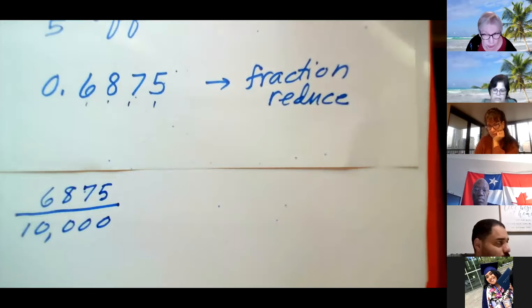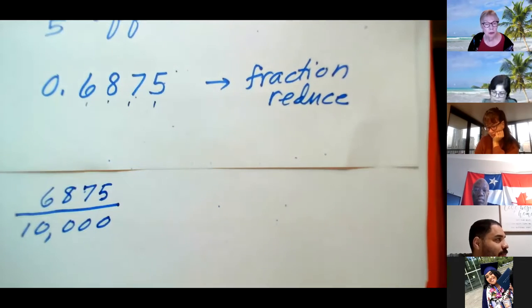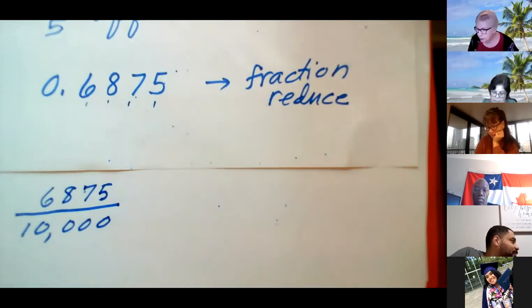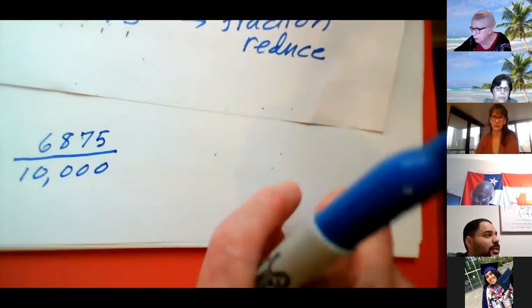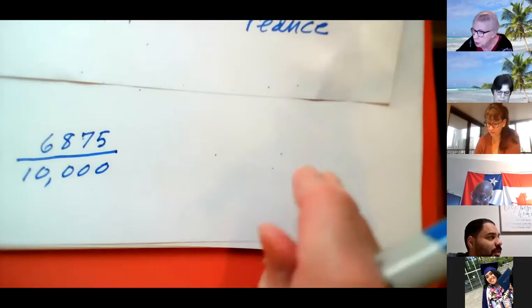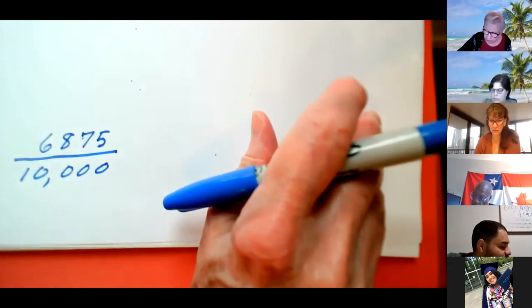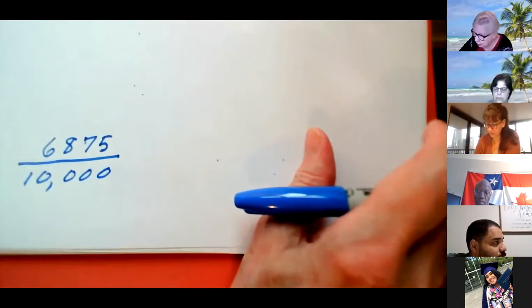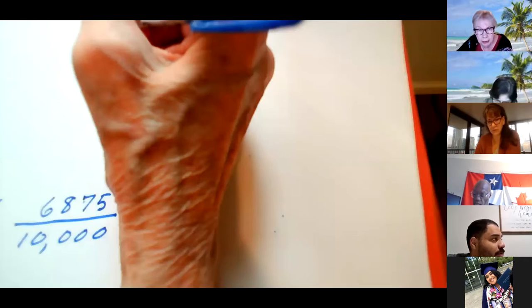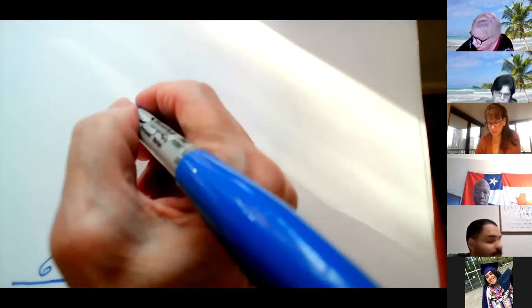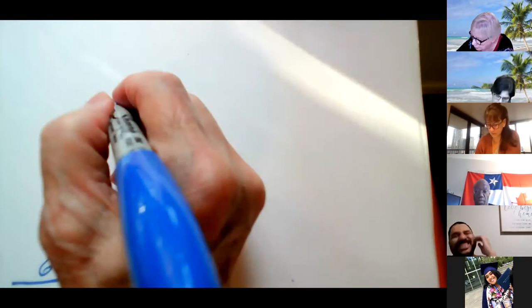But you've got to reduce that. And so you can either reduce it by 5 or by 25. And so if you're more comfortable with reducing by 5, every time you reduce it, it's going to be a lot better. And so I'm going to start with 5, although I can reduce it by 25, but 6875 divided by 5. Let's start cutting this down.